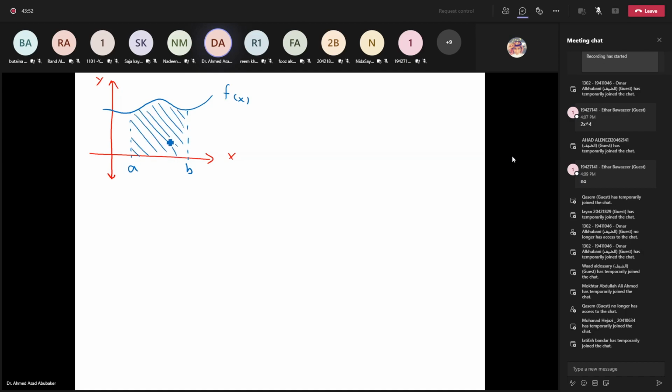This area is equal directly to A equals the integral from A to B of f of x dx with absolute value. Why with absolute value? Because if the curve is above the x-axis, this does not change. If the curve is under the x-axis, the integral is negative, for example minus 5 or minus 3, and the absolute value converts it to positive because the area must be positive.